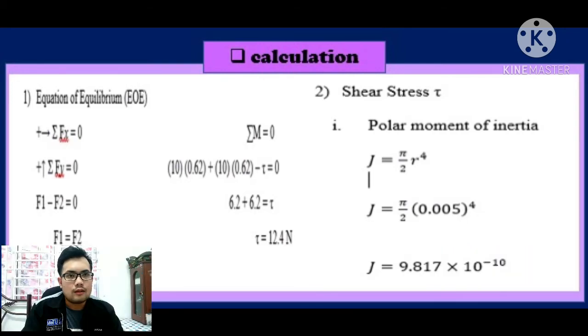Next, we are going to calculate the polar moment, which is J equals pi over 2 times the radius to the power of 4. We have the radius at 0.005 meter. So we get the answer 9.817 exponent negative 10.